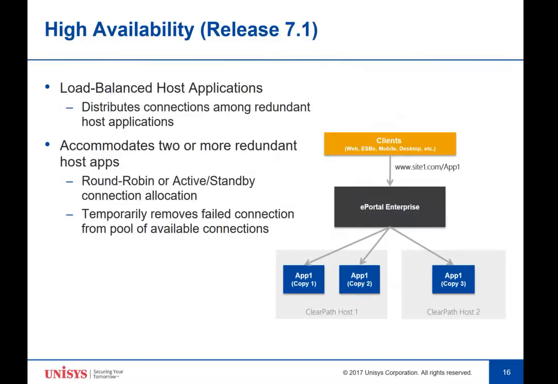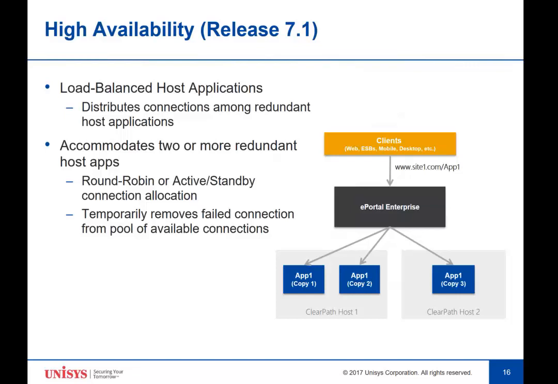Okay. One carryover from 7.1 I just wanted to mention real quickly. It's a useful feature, especially in the OS 2200 realm. You don't see this very much in the MCP, but it's more common for OS 2200 applications. And that's where your backend applications, you have redundant backend applications. So in the past, an ePortal application could communicate with one host application.